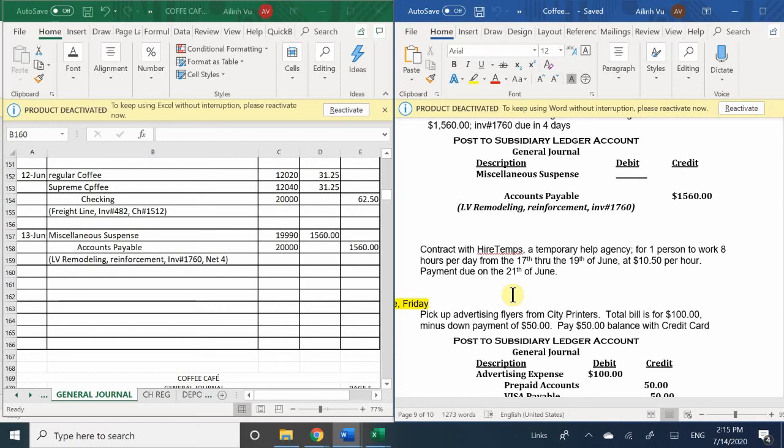So that's 3 days that they need to be, so the 17th, 18th, and the 19th. So it's 3 days that we need to have a temporary worker. Okay. And we're giving them an hourly rate of $10.50 per hour. Okay. So payment is going to be due on the 21st of June.